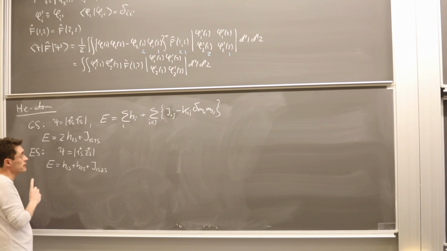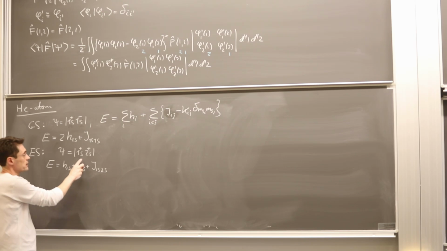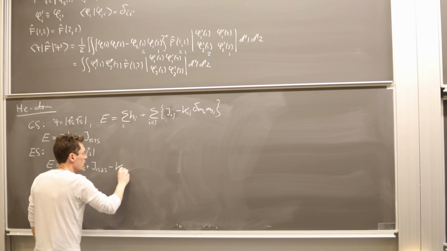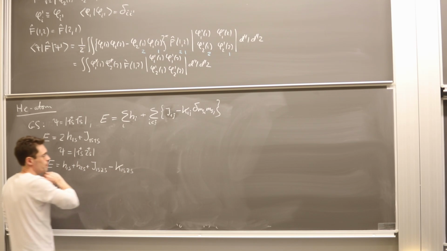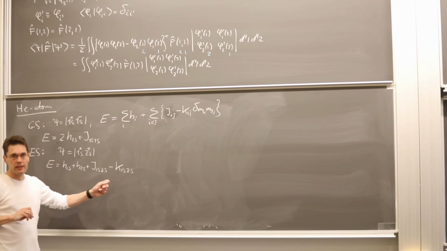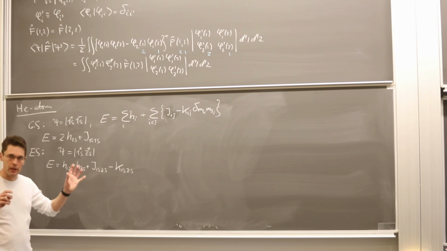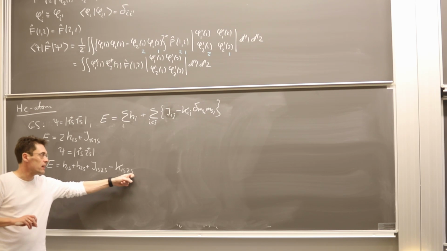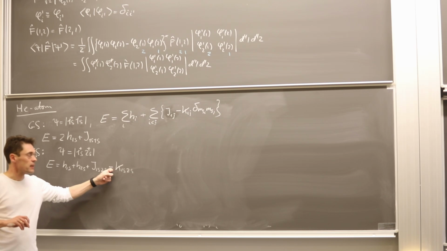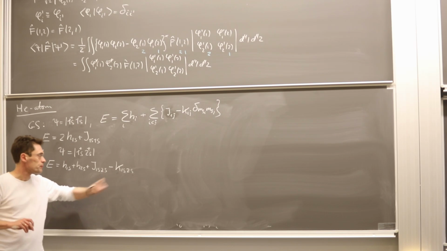And now in this case, I actually do get an exchange interaction because I have identical spin, so I get a minus K 1s, 2s. And you might wonder about the sign of K itself, but it can easily be shown by Fourier analysis that K, in fact, itself is always positive. So this minus means that it actually reduces energy.